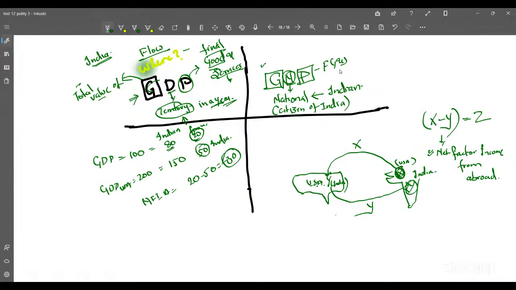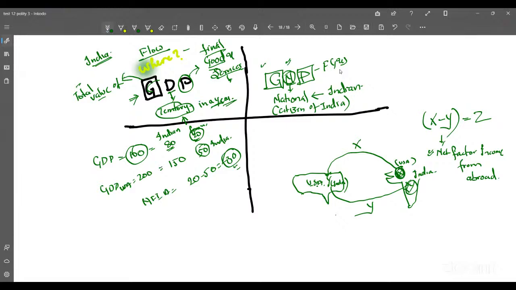Now, as we have already discussed, we need to minus this net factor income from abroad from the Indian GDP to know the total value of the GNP. GNP calculate பண்ணனும்னா we have to reduce the net factor income from abroad from the GDP.